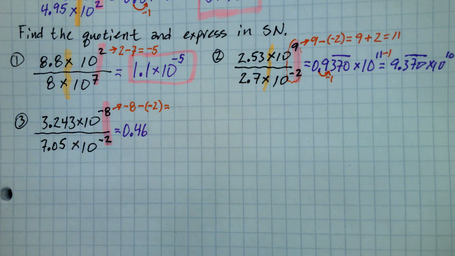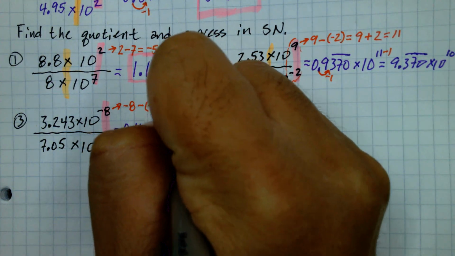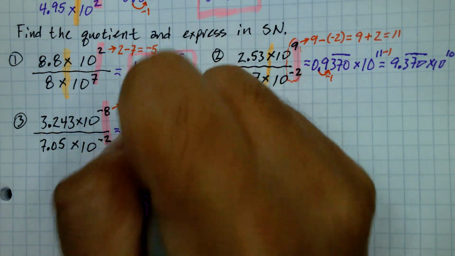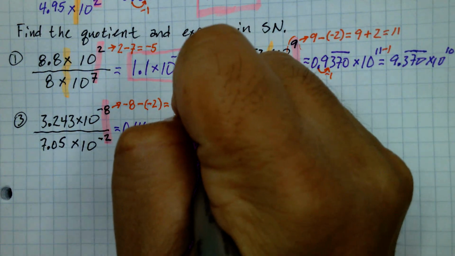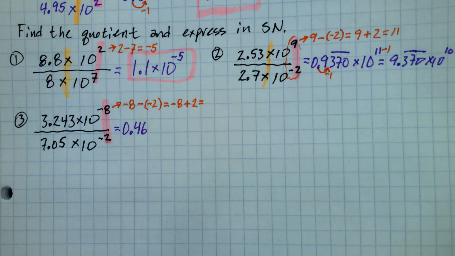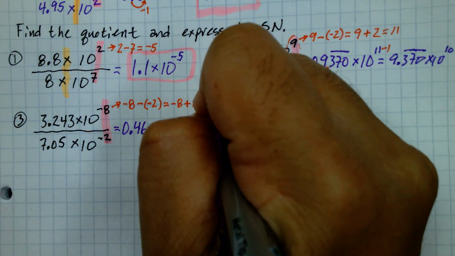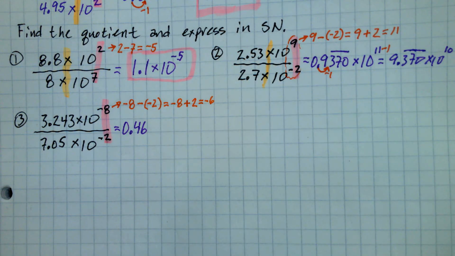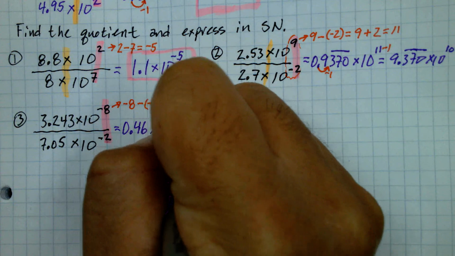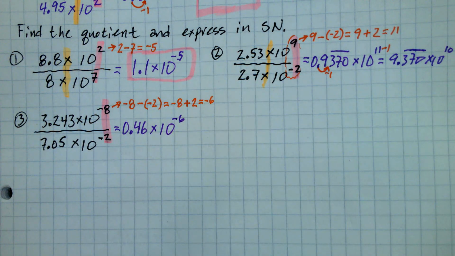So -8, keep it. Minus sign, change it to plus. And the -2, you want its opposite, which is +2. So now we have -8 plus 2, which is -6. Okay? So all of that basically tells us that this is times 10 to the -6 power. Okay? Any questions?